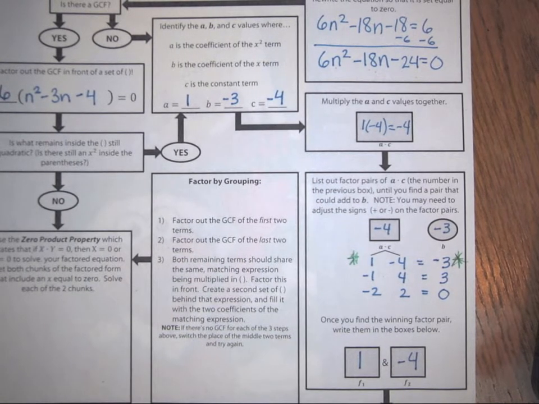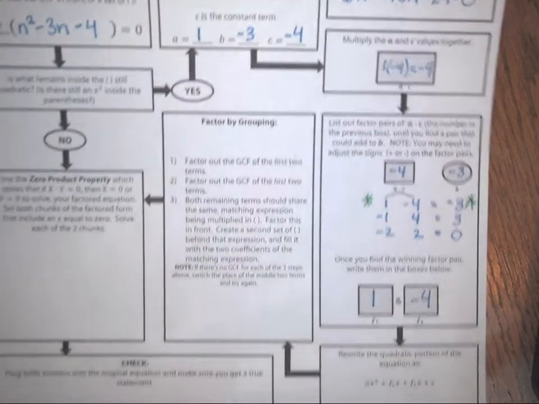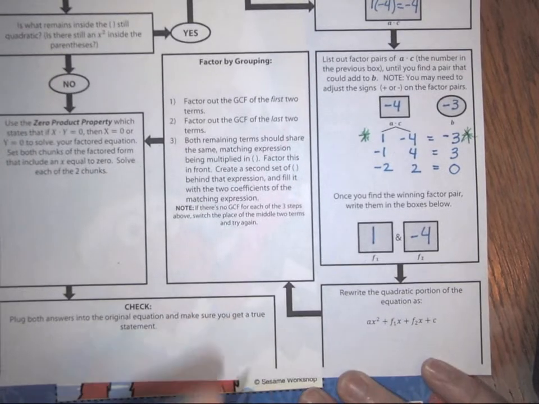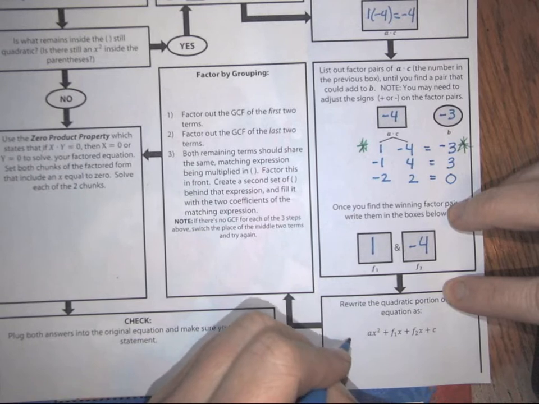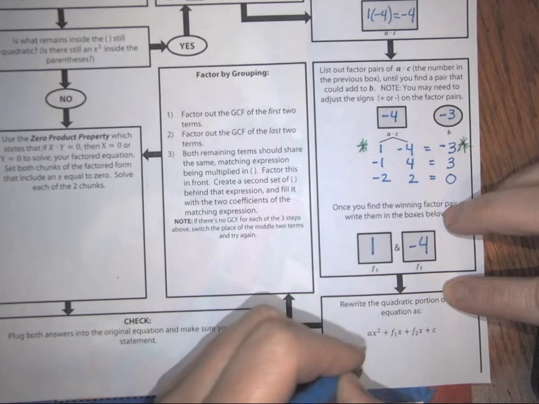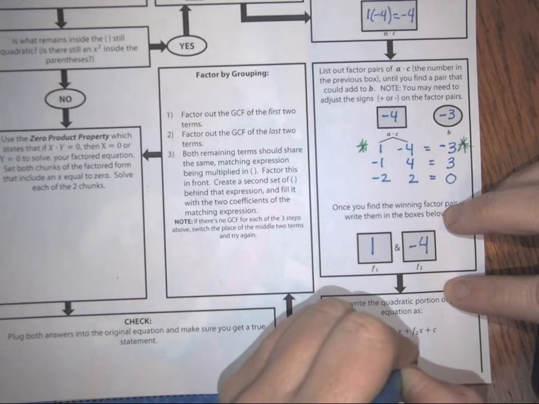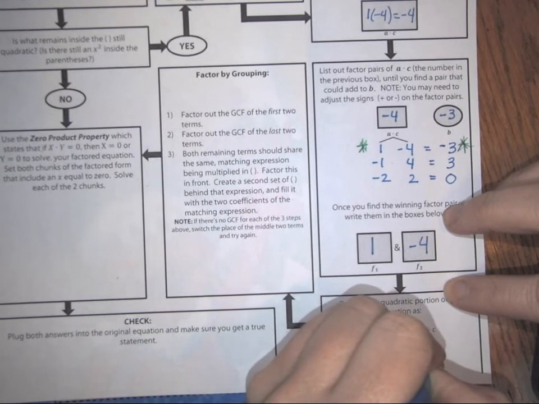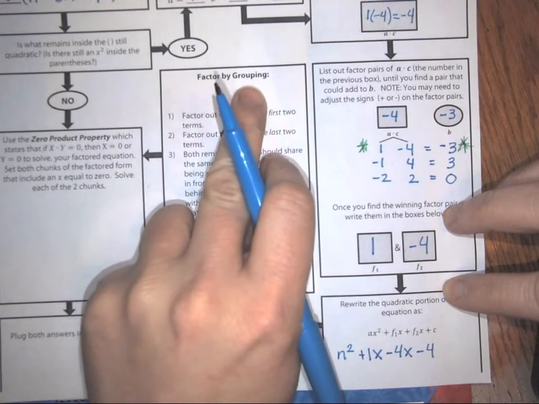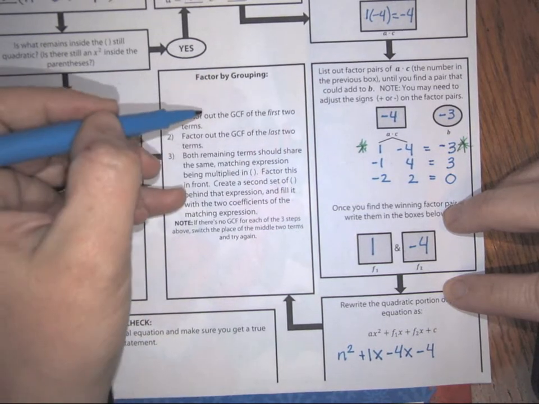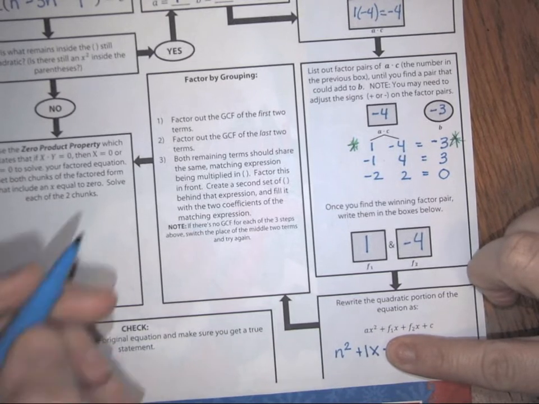Now, depending on how you've been practicing your factoring, this one is going to take you through a new method that we haven't done before, where we can rewrite our function as n squared plus 1x minus 4x minus 4. This is going to take us to an idea of factoring by grouping. So we're going to take the factor of the first two. The GCF here is 1.